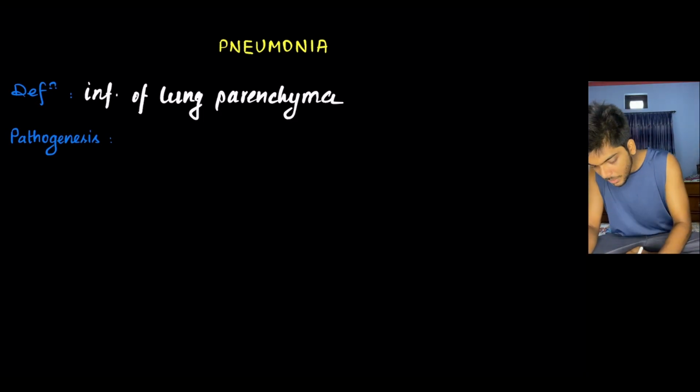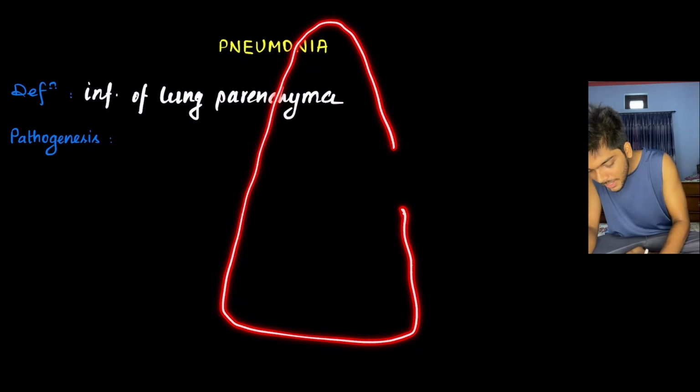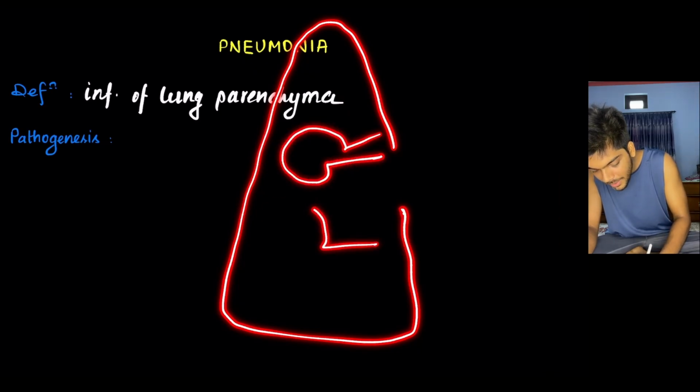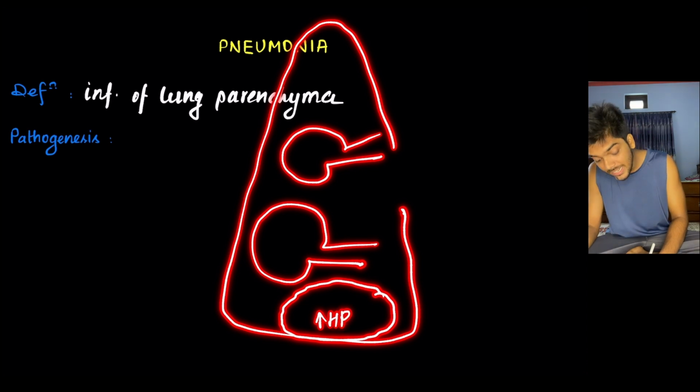See here, within your lung parenchyma, there is alveoli. And there is blood vessel as well. Now due to injury to blood vessel, it dilates. The hydrostatic pressure inside the blood vessel increases, and what comes outside is transudate. Later, the permeability also increases. So what comes out is exudate.